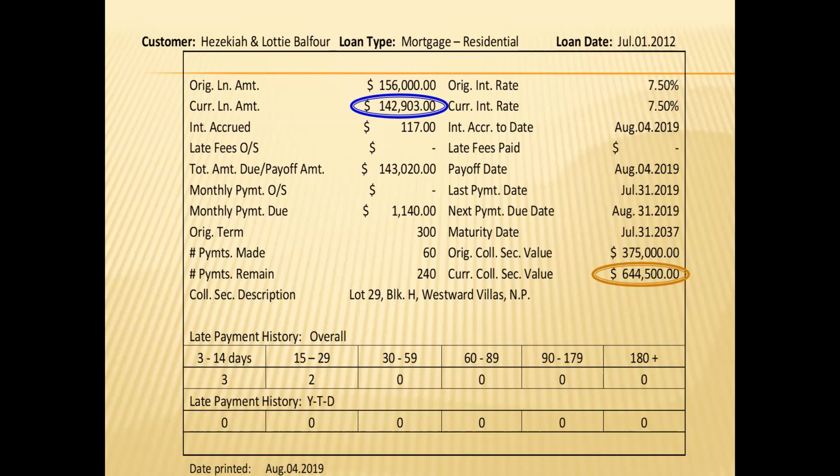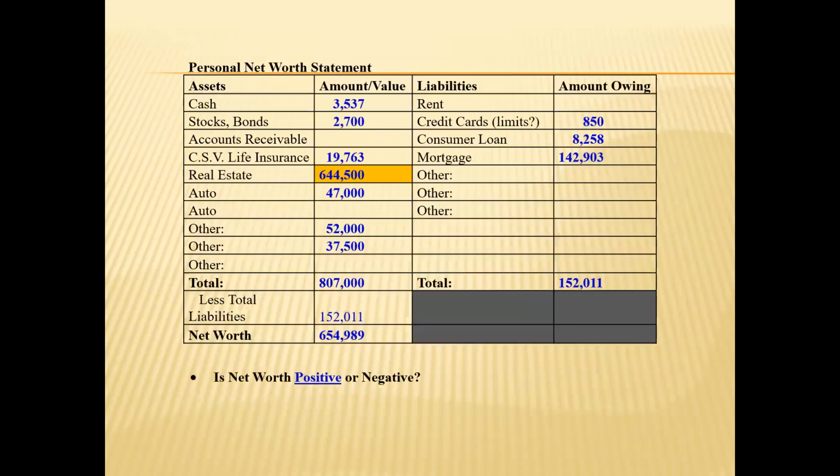The current collateral security value is $644,500. And the current loan amount is $142,903. So the current collateral security value goes in the assets column, and the mortgage principal balance goes into the liabilities column.